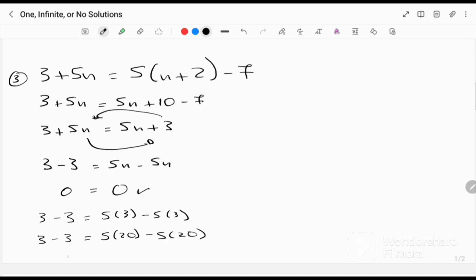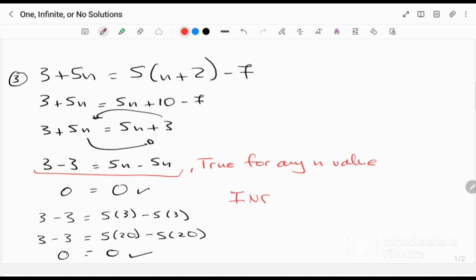In both cases, 0 is equal to 0, which is true. So that means that our simplified version of the equation right here is true for any n value, which means it has, again, an infinite number of solutions.